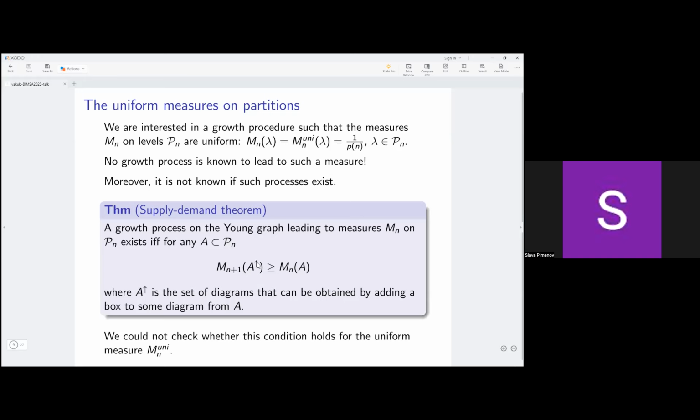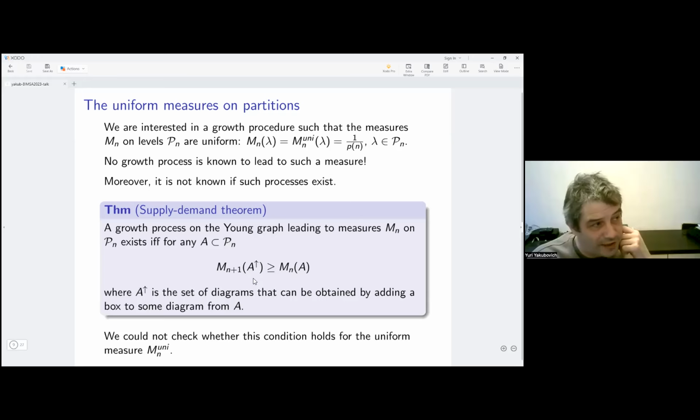And this is the set which can be produced from A by adding a box, and to each diagram we can add at least two boxes. So this is not less than 2 times the size of A, whatever one diagram A we take.